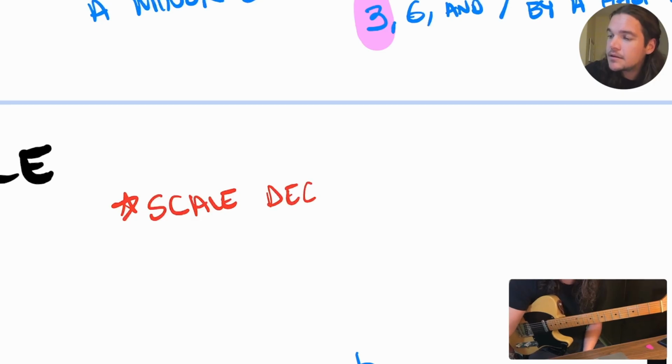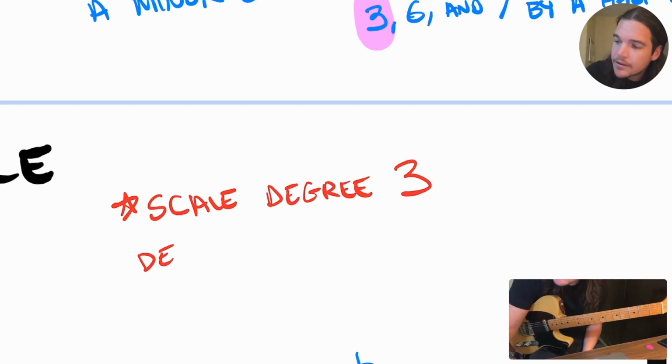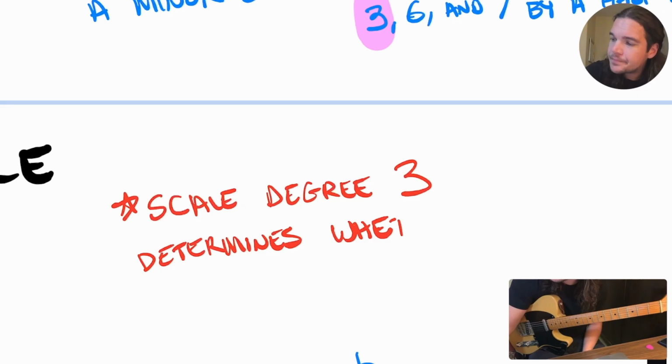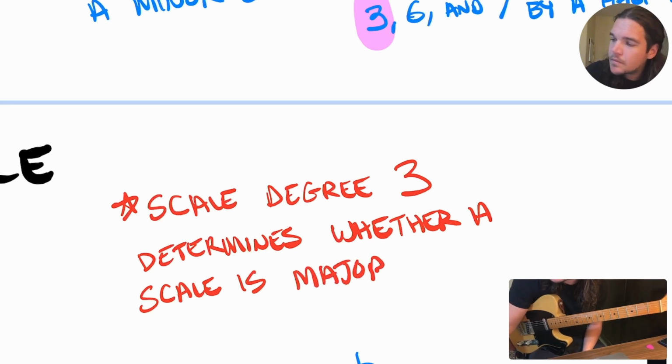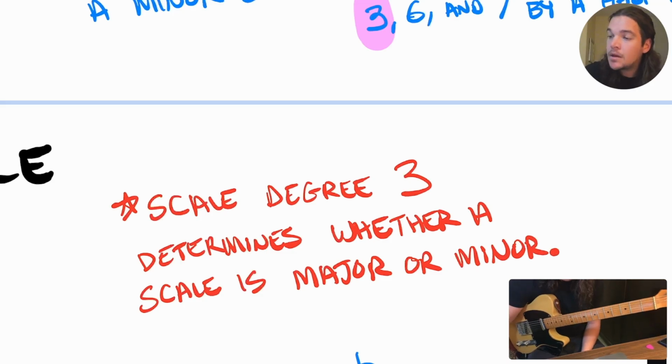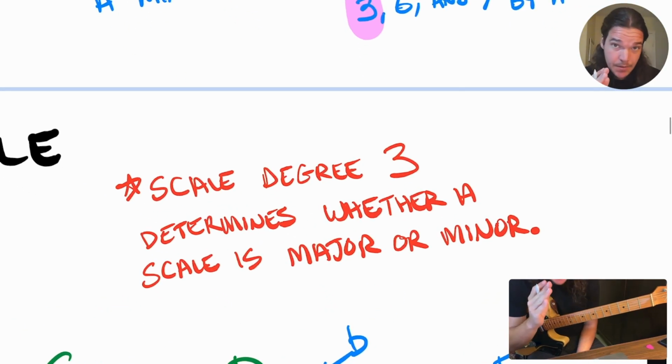Scale degree 3 determines whether a scale is major or minor.